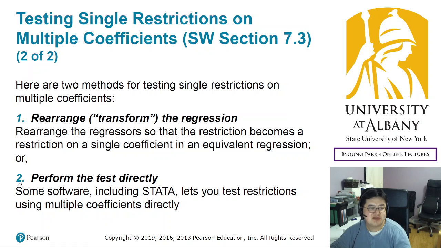The second approach is that I don't know how to do that, but Stata knows that. Even though you don't know how to handle that problem, as long as you know the command on Stata, Stata can do this for you. So that's the second approach, and it's a more direct way to test the hypothesis. Let's talk about the first one first.